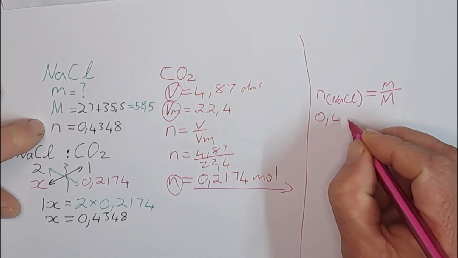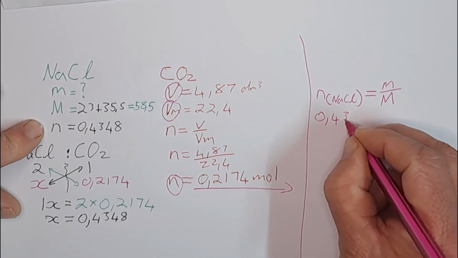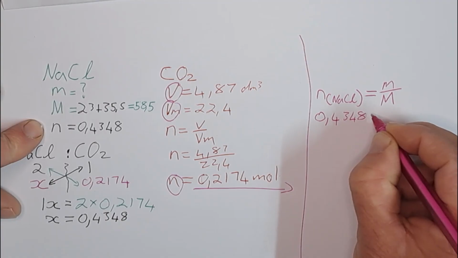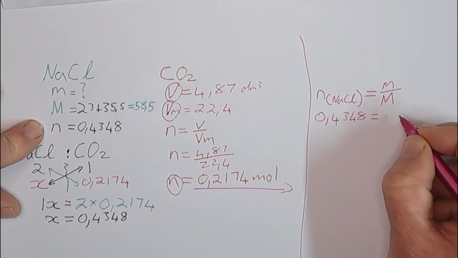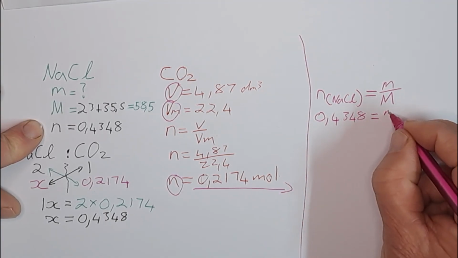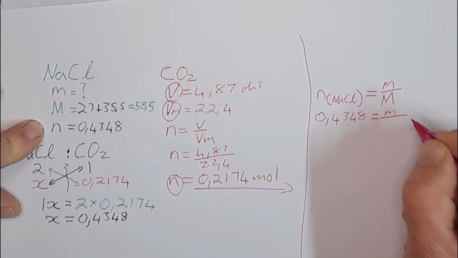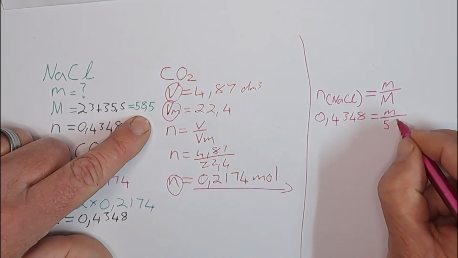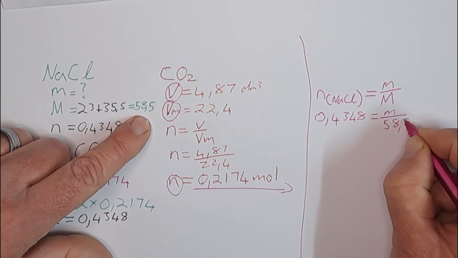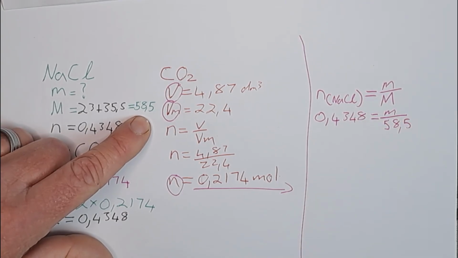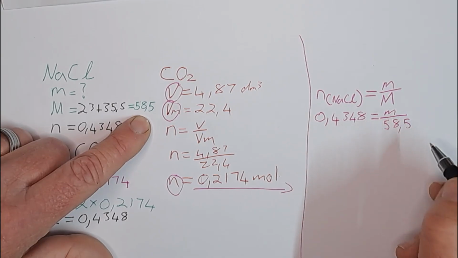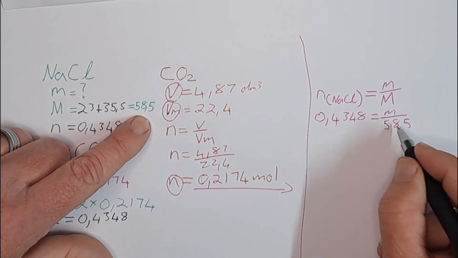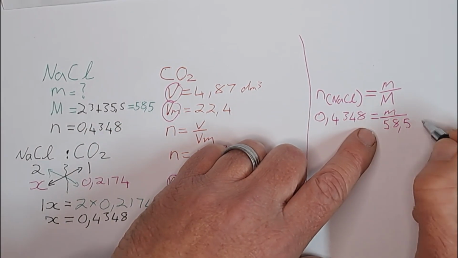So the mole is 0.4348 equals the mass, which is what they ask, over the molar mass, which is 58,5. I want mass alone, so I need to get rid of this 58,5.